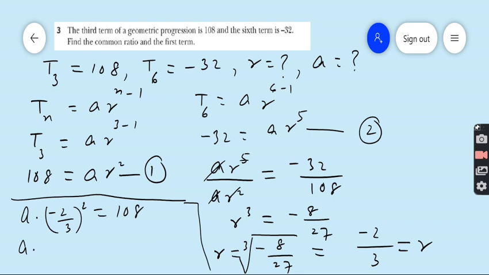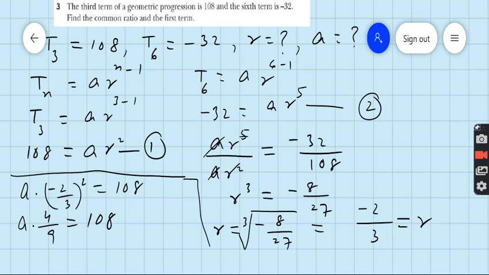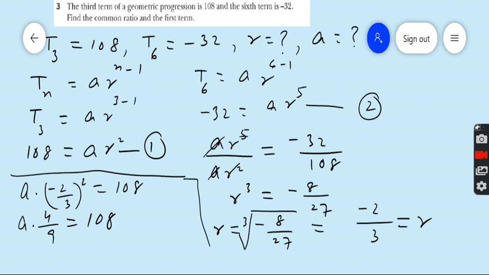A times 4 upon 9 is 108, and A is equal to 108 into 9 upon 4, which is 243.